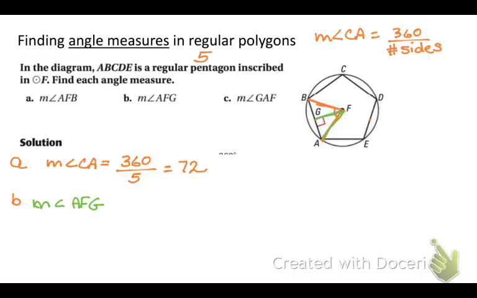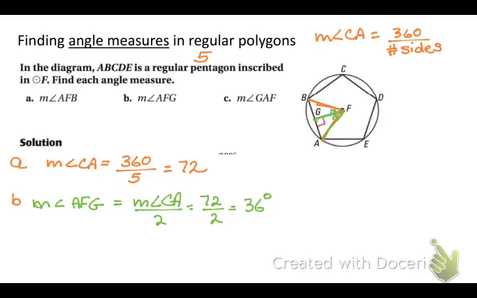Remember, you have to go in order. So we know this is an isosceles triangle, so its base has to be bisected by the apothem. So these two little angles here are going to be equal to each other. So all we have to do is divide the measure of the central angle by 2, and that's going to be 72 divided by 2 is equal to 36 degrees.